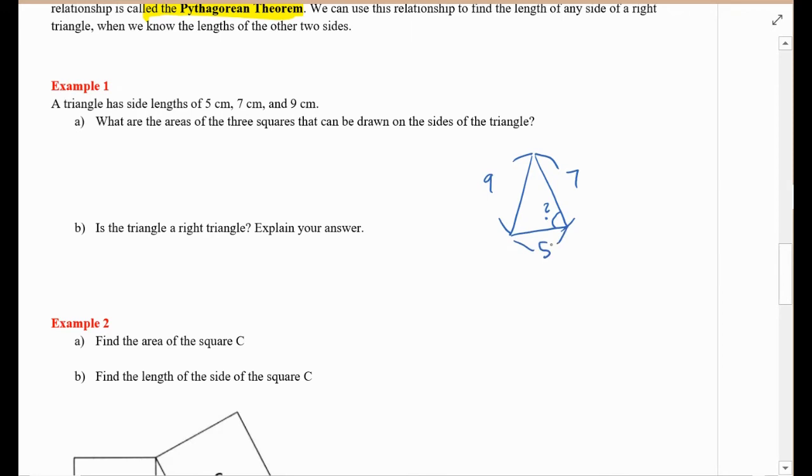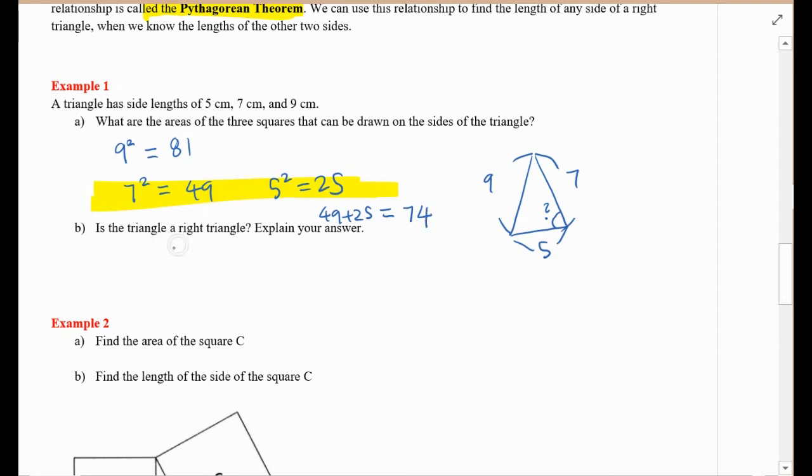Right? So let's find the area of each square. 9 squared is 81, then 7 squared is 49, and 5 squared is 25. Those are the areas of the squares. When you add those up, do you get 81? 49 plus 25 equals 74, which is not 81.